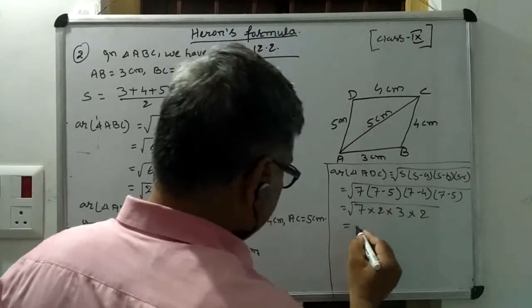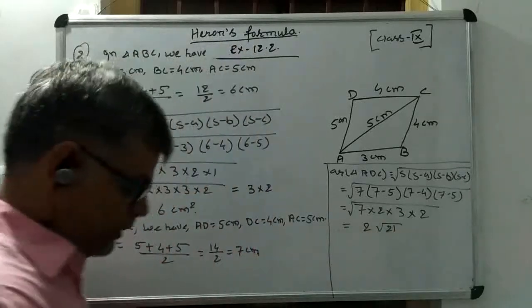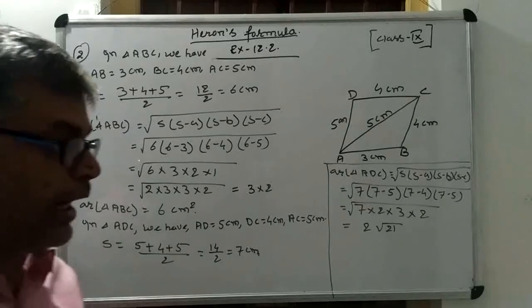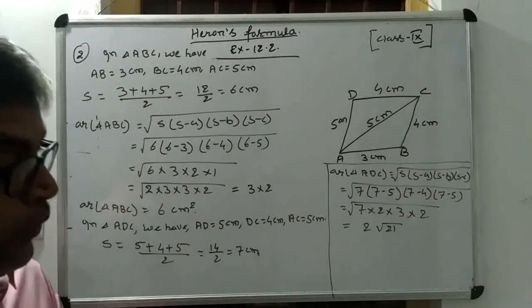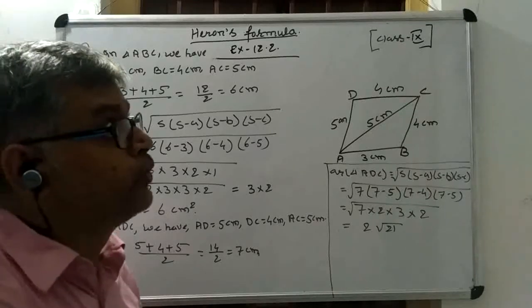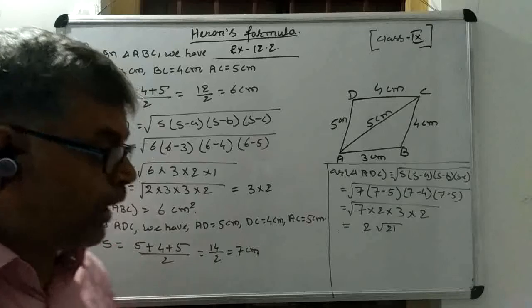Now 2 is in pair, so we take out 2 outside of the square root and multiply 7 into 3 within the square root. So we get 2 under root 21, which is also not a perfect square.